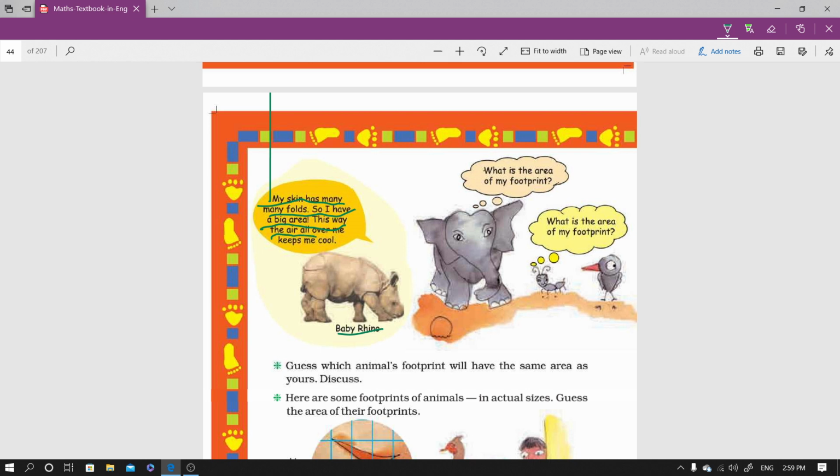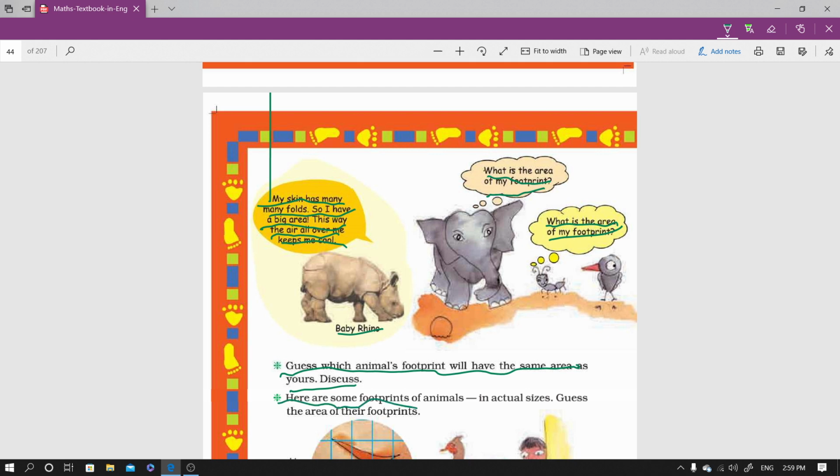The air all over me keeps me cool. What is the area of my footprint? Guess which animal's footprint will have the same area? You discuss.